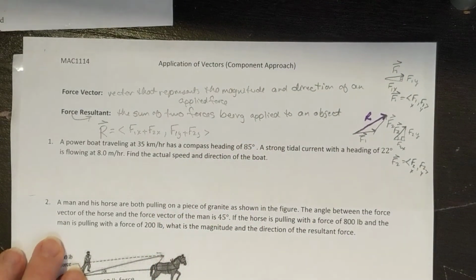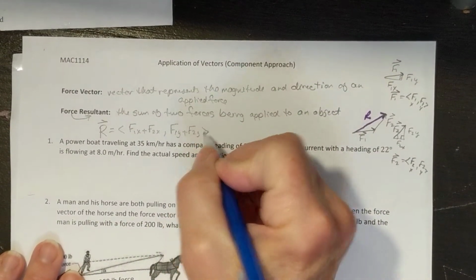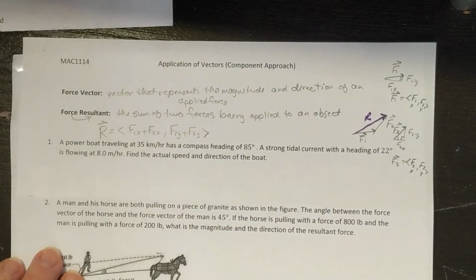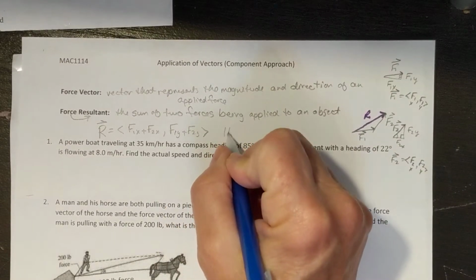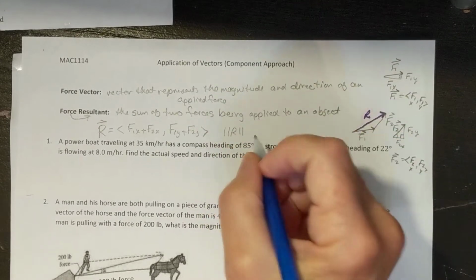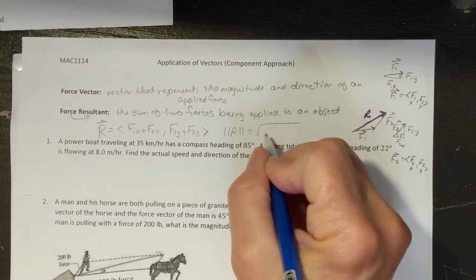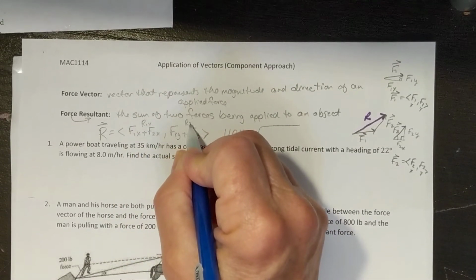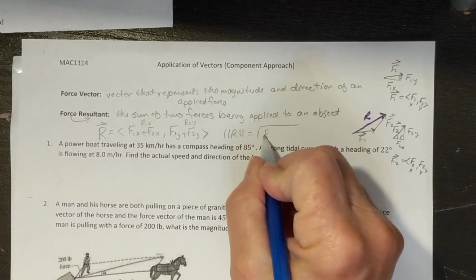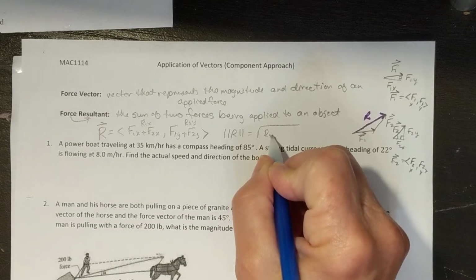And many times in physics and engineering, it's easier to break something down into its components and simply add the x components and the y components. Now, what they will ask for is the resultant force. They want to know its magnitude. So we would take the magnitude of R, which is the square root of Rx squared plus Ry squared.